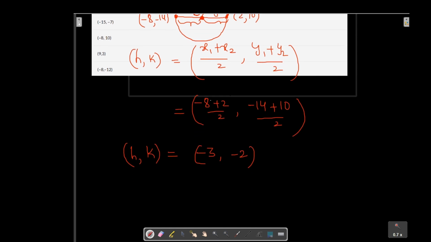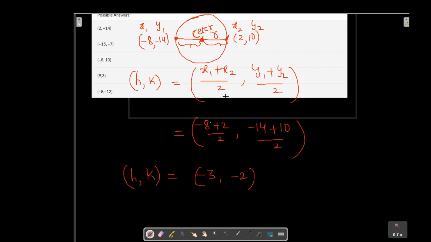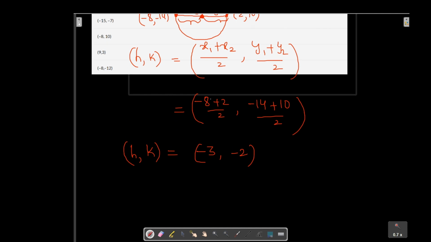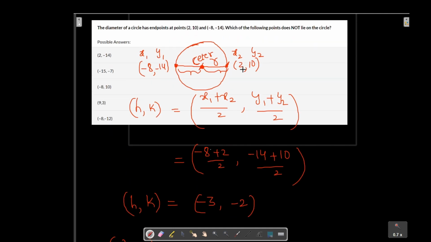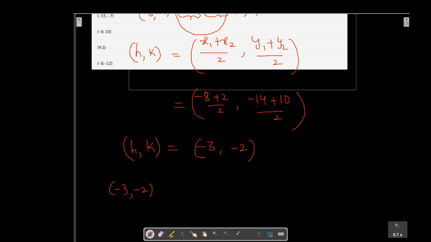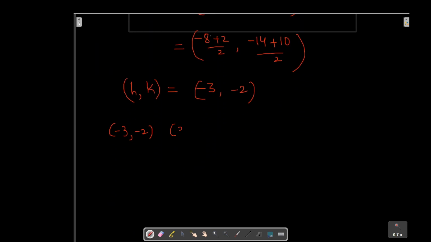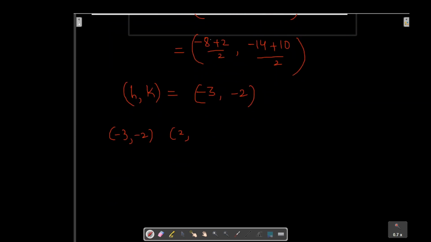Okay. How can we calculate the distance between 2 points? Let's consider one point is the center, negative 3 and negative 2. Another point is x2 and y2. I am considering 2 and 10. We can consider another point also. Both will give the same result. Distance between 2 points.